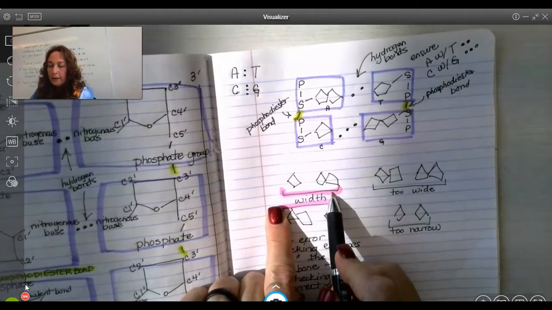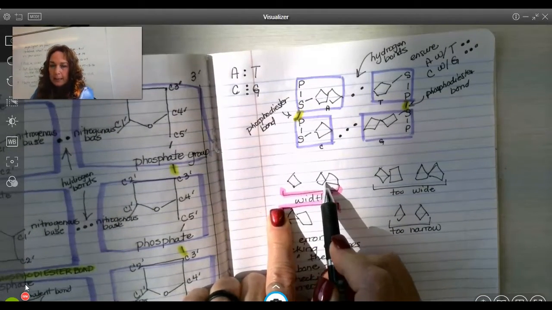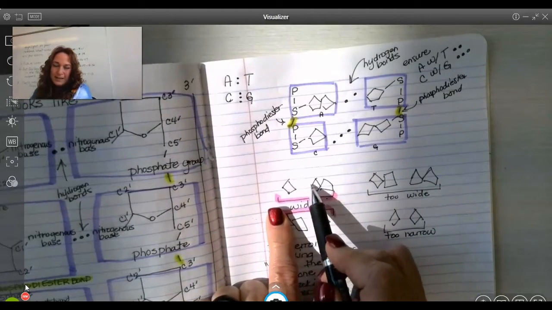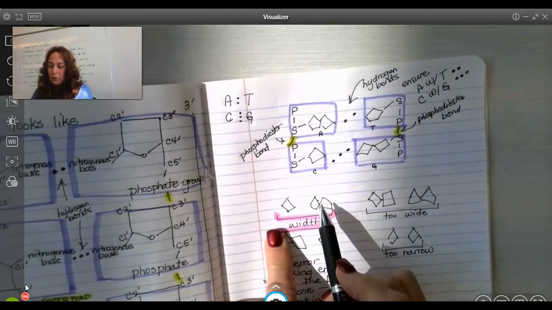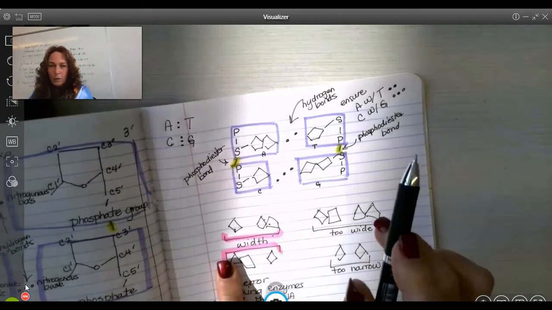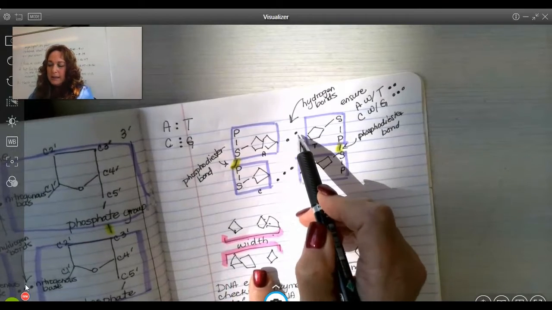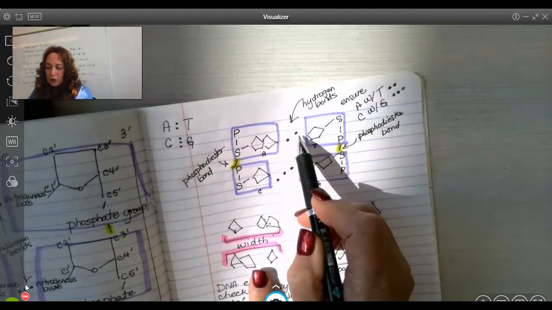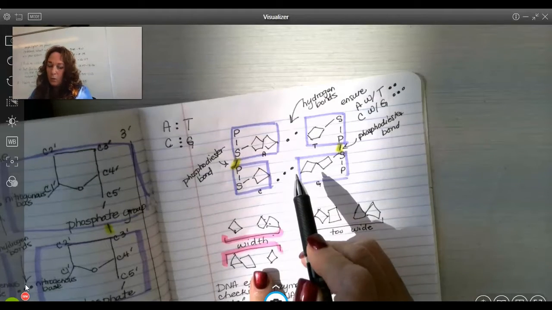So the width is about pyrimidine and purine only, but you could mess that up, right? Like you could have the wrong pyrimidine with the wrong purine. No, I cannot, because they won't combine correctly. Their association with these hydrogen bonds, they won't work.